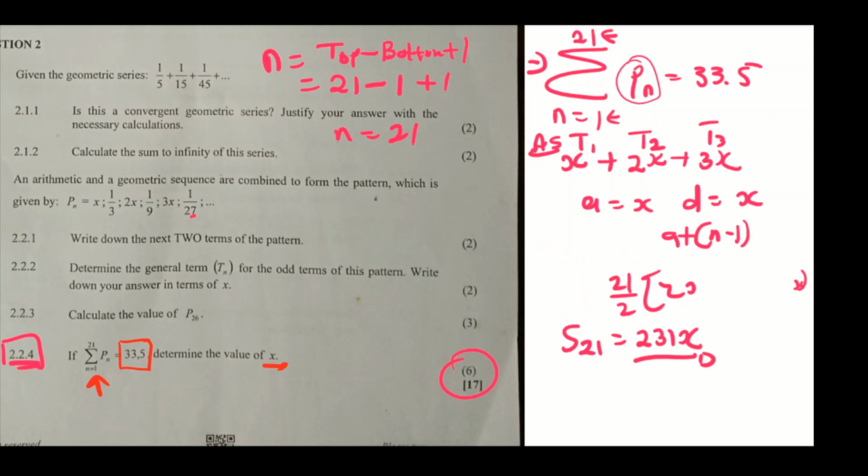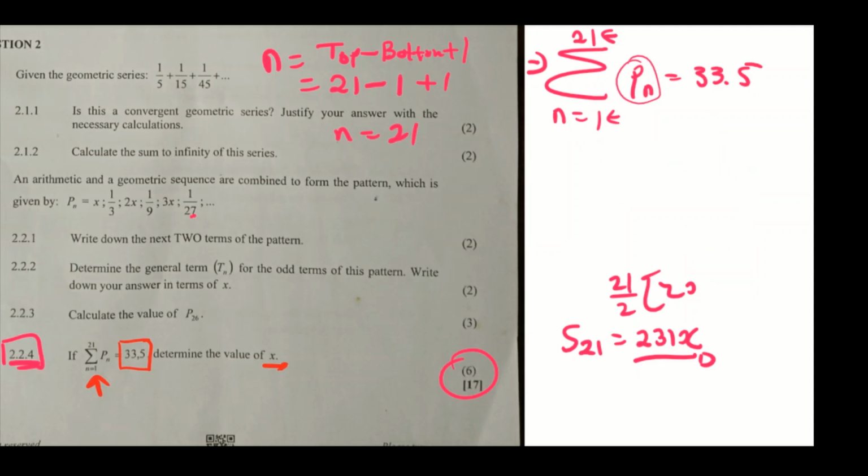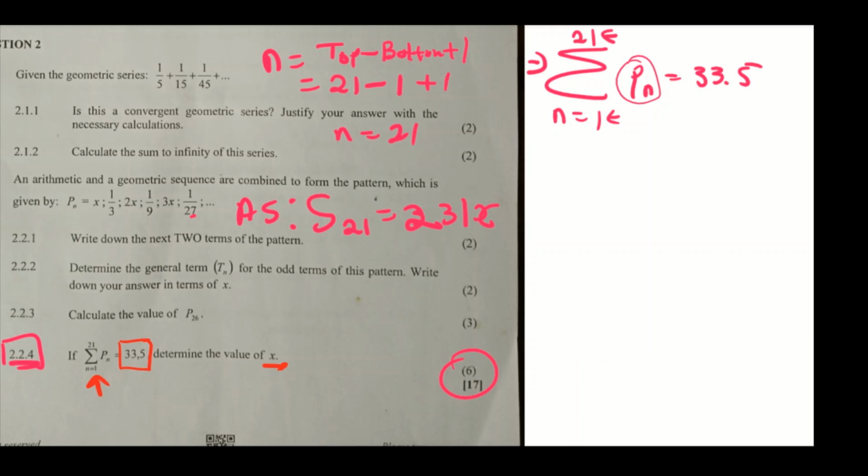Now let's find the sum for the geometric. I'm just going to write it down closer so that I don't forget, because we're going to need it. Remember, we need to find x. So the sum for 21 is equal to 231x, and this is for the arithmetic series. Now let's find the sum for the geometric series.